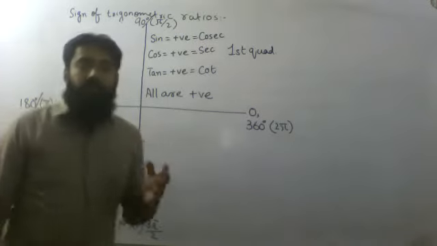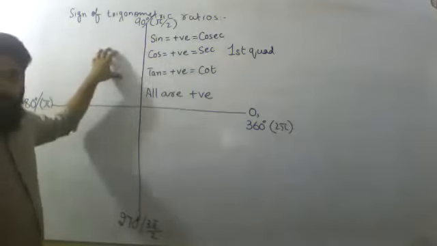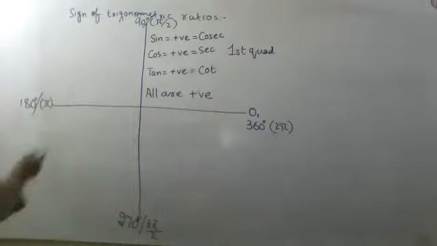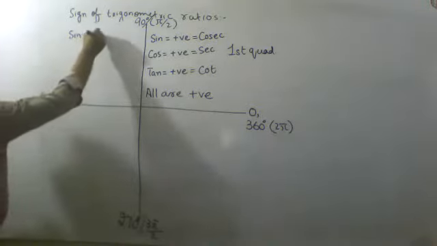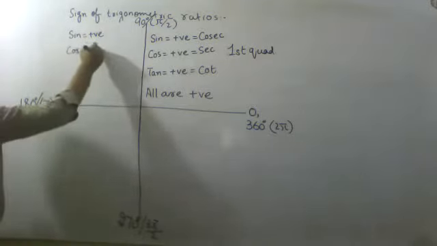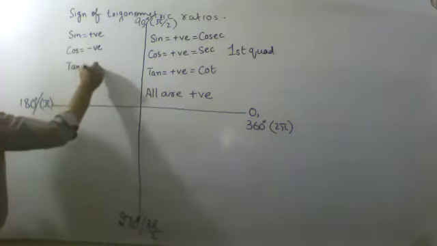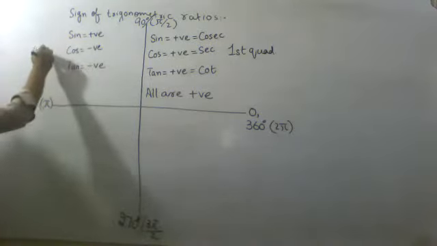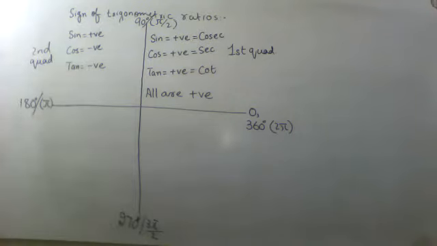Whatever value you have selected in this range from 90 to 180, you have calculated sine, cos, and tangent. You can see that the sine answer is coming positive, cos answer is coming negative, and tan answer is also coming negative in the second quadrant.